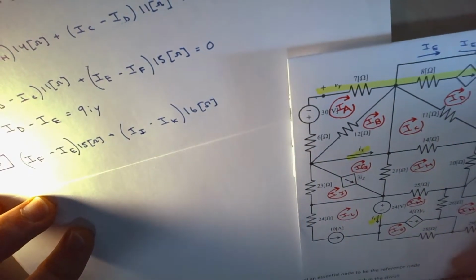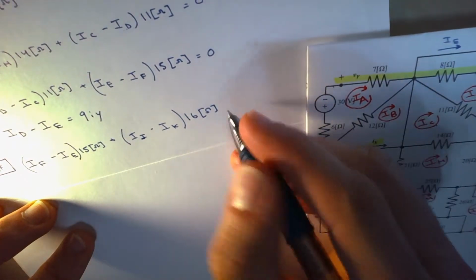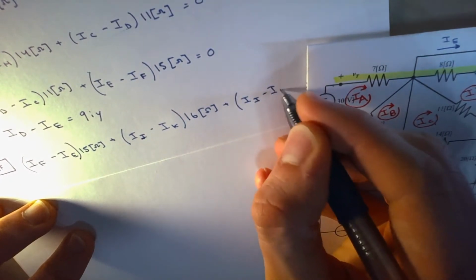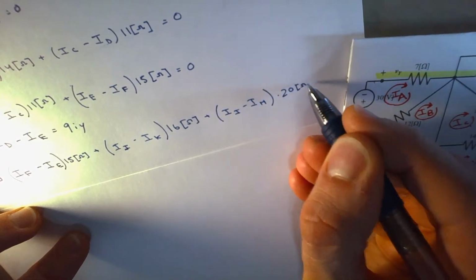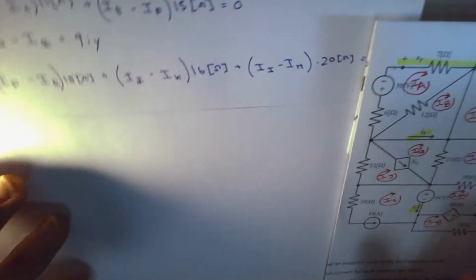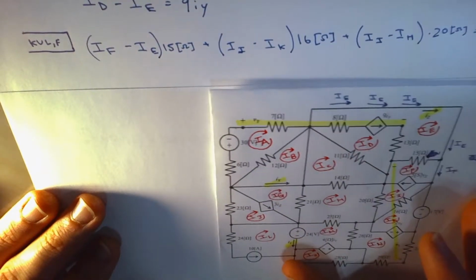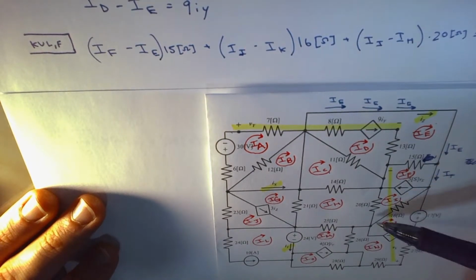Are we done? No. And then II minus IH times 20 ohms. And we're done, so we set that equal to 0. And that's our equation for KVL around the IF and II meshes.